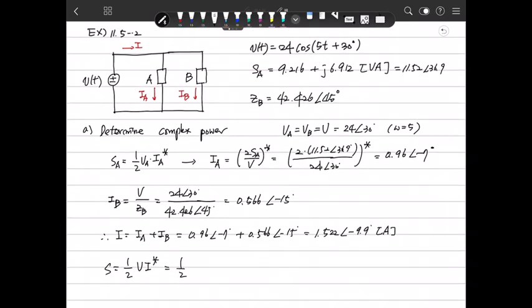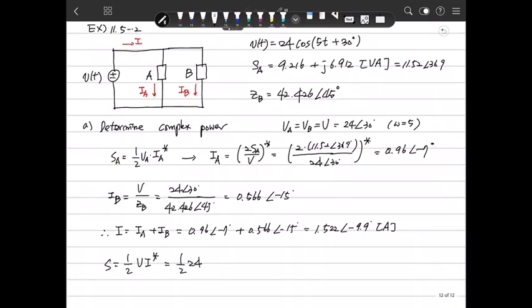Therefore, half of V, which was 24 at 30 degrees, and the current is 1.522 at -9.9 degrees. Then the result can be calculated very simply. It is 18.264 and the angle is 39.9 degrees. This is in VA.